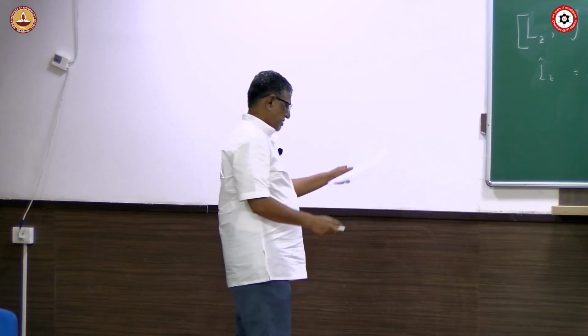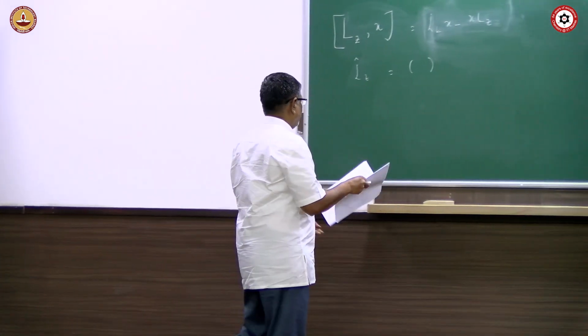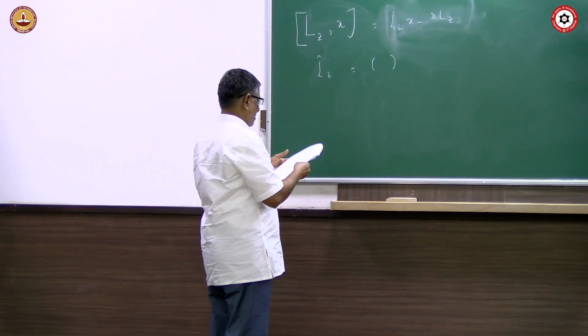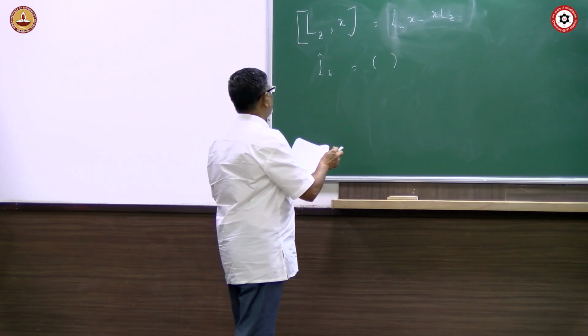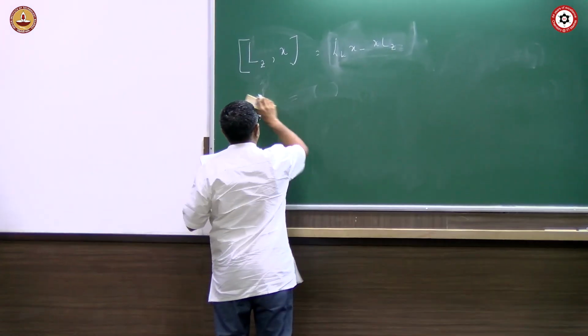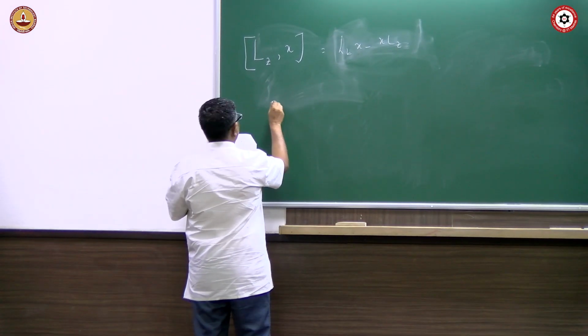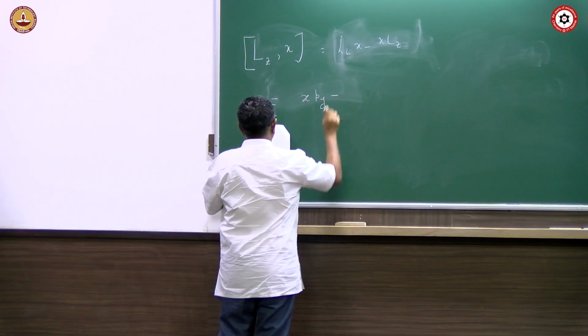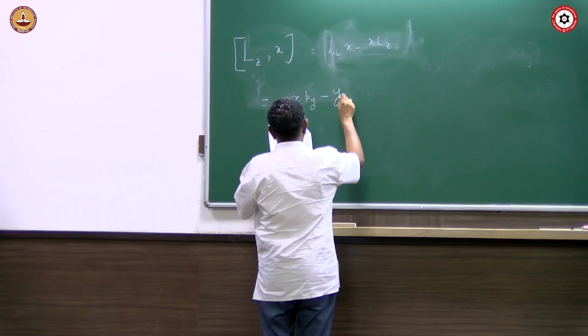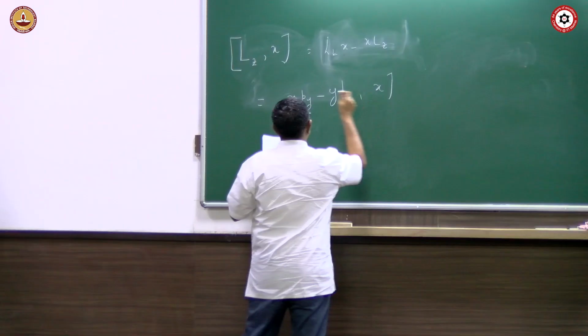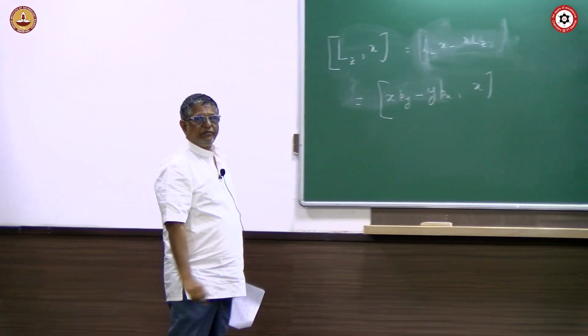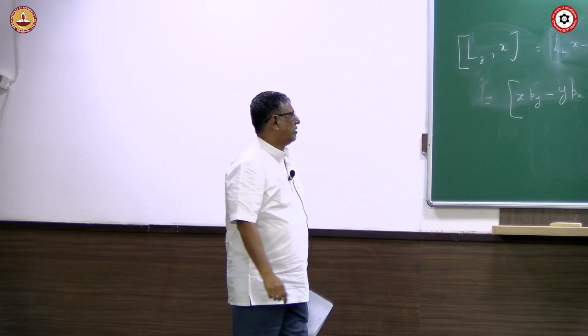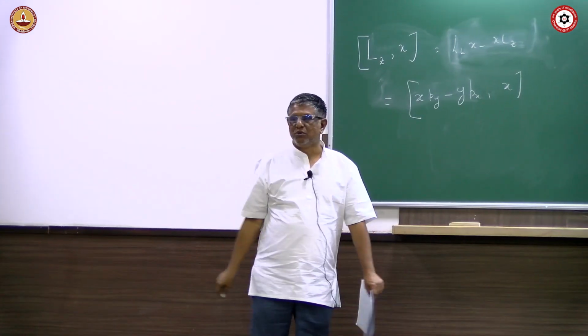x is x, right? So you know Lz. So this is equal to, Lz I am writing, x Py minus y Px, comma x. Right? So now you have seen several rules.